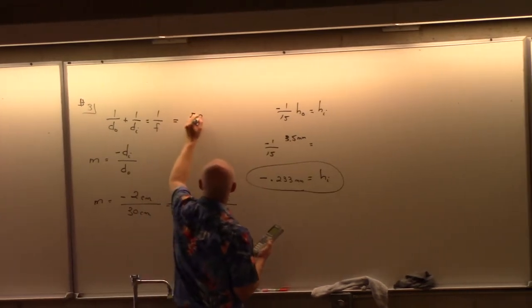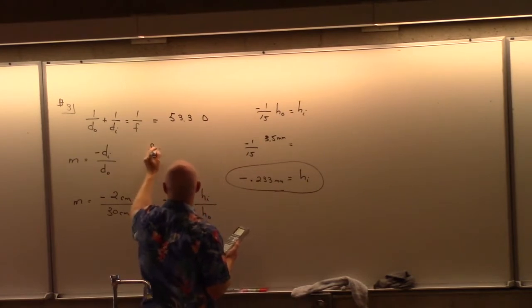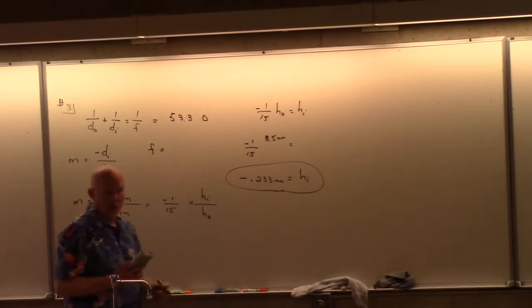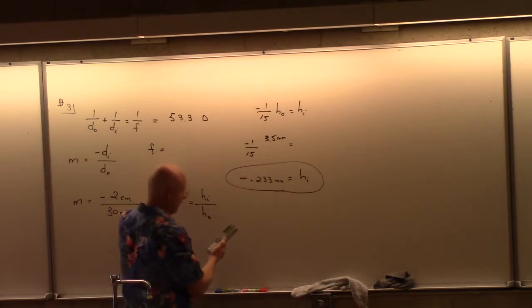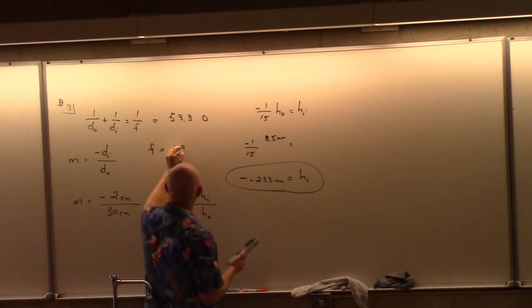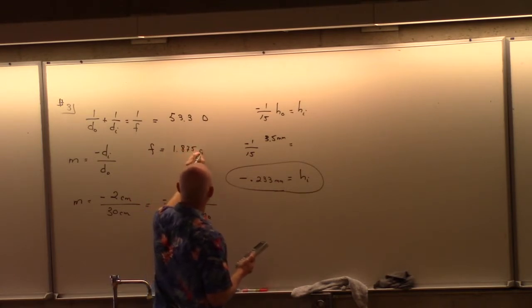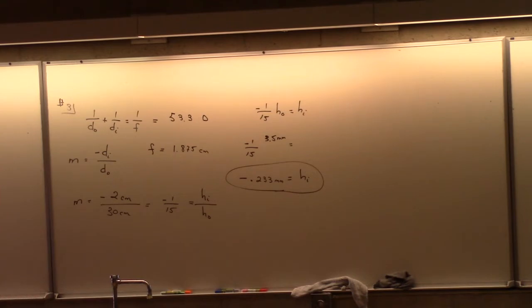And so 53.3 diopters would be the power of the lens. So again, unlike the camera, the human eye has this adjustment. We can change the focal length. And so it looks like the focal length would be 1.875 centimeters in this scenario.